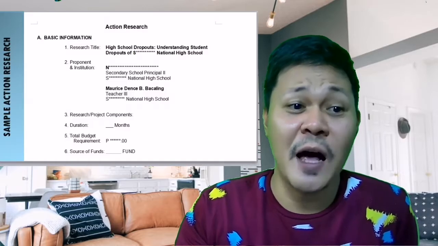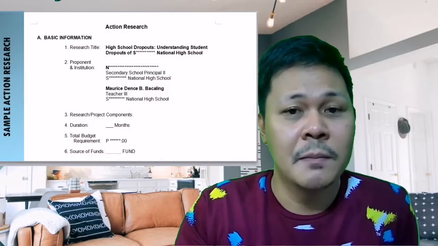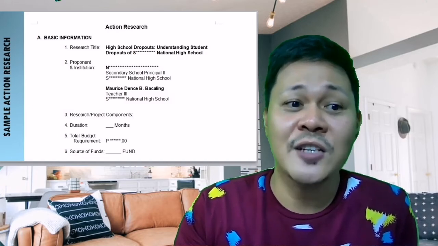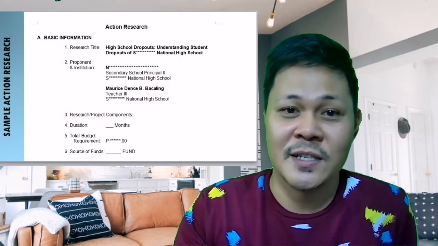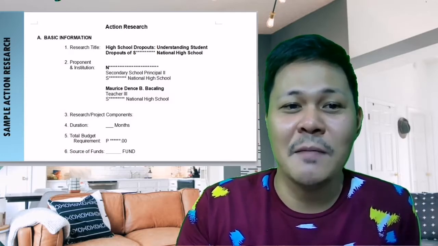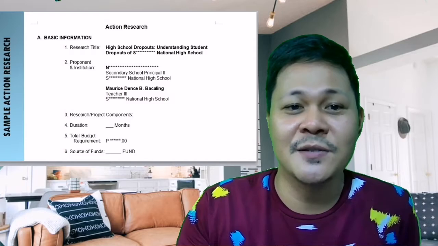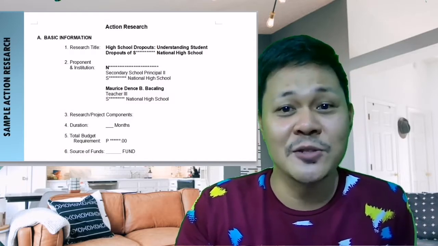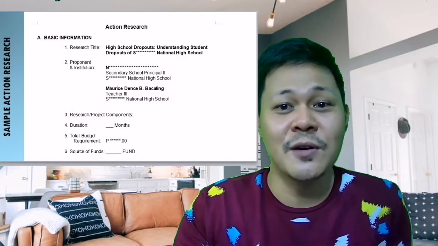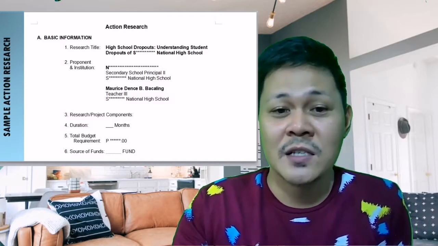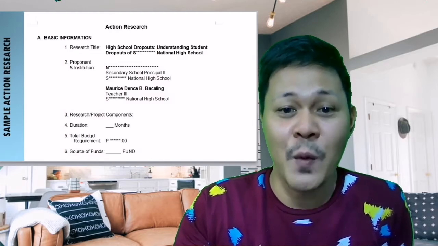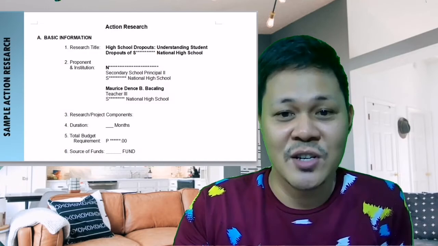This is an example of an action research, but I'm just going to show you the action research proposal part. Based on this example, the first part is the research title, which is High School Dropouts: Understanding Student Dropouts of the name of the school. Then the proponent, where you put the name of the proponents of this action research.